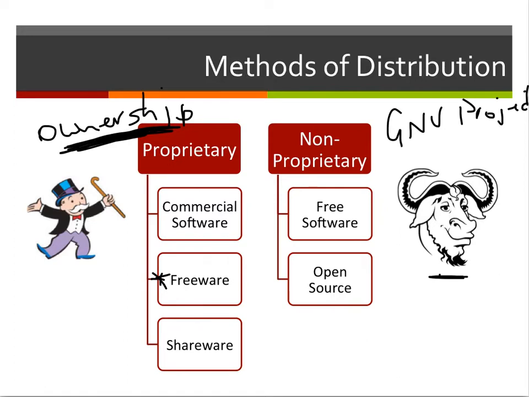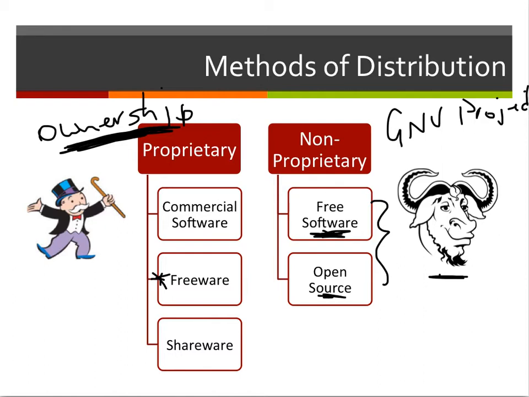So we tend to have two main types of non-proprietary, and these are quite different. Well, there's a lot of similarity, but they have some differences, and that's really all about the free software movement versus the open source software movement. Both are non-proprietary, both have a lot of similarities, both allow a lot greater freedom for the user in terms of what they can do with the software than proprietary software allows.